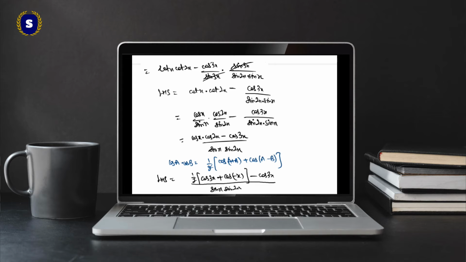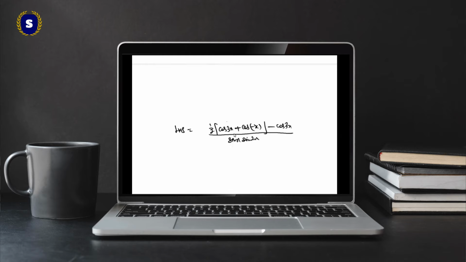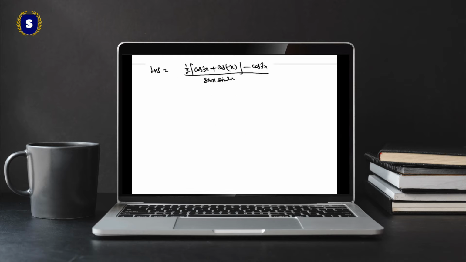Let's take this on the sheet. Taking half common on the numerator side, we'll get cos 3x plus cos x, this cos minus x will become cos x only, minus 2 cos 3x. On the denominator side we have sin x into sin 2x.